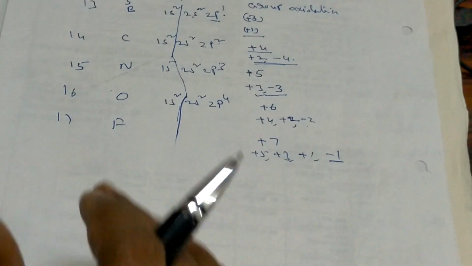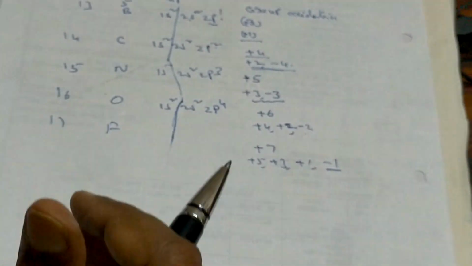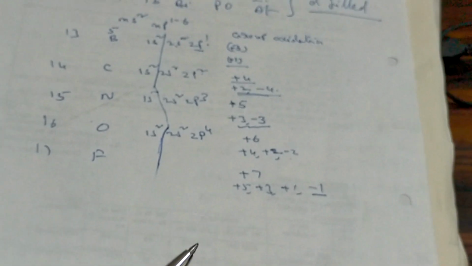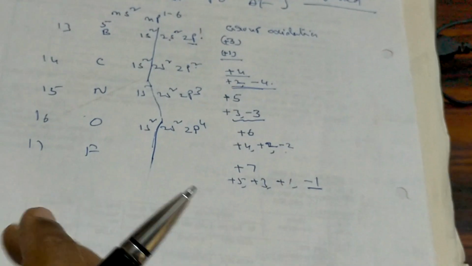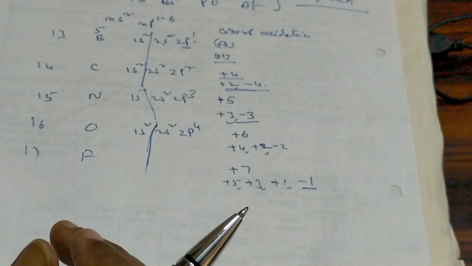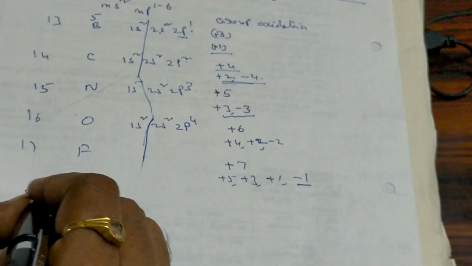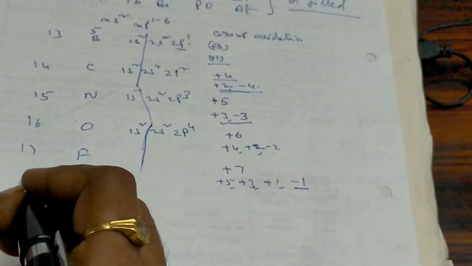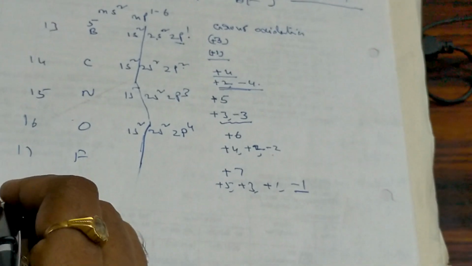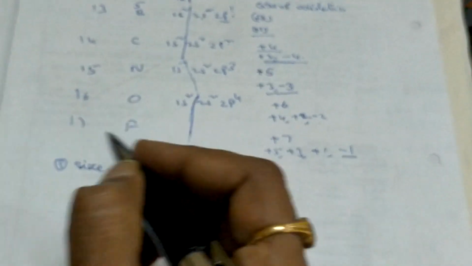Now, the first P block element differs from the remaining members in two areas.